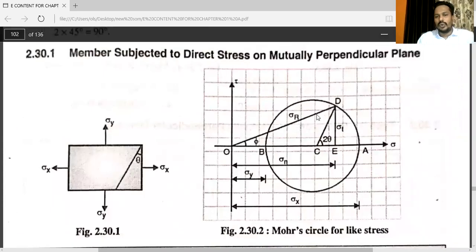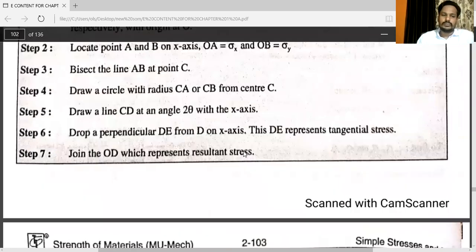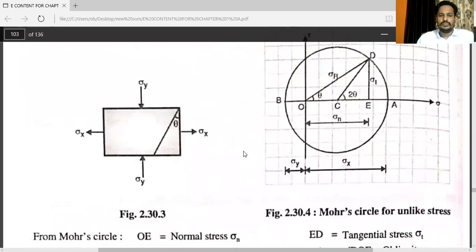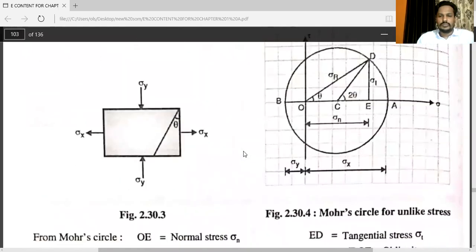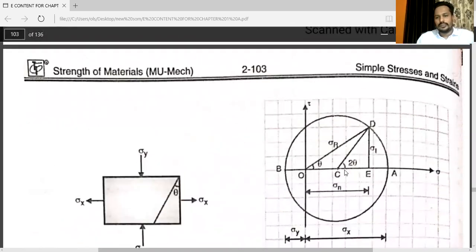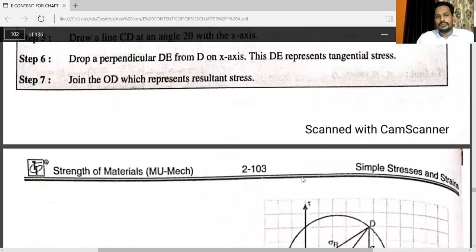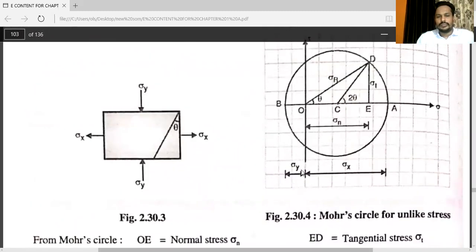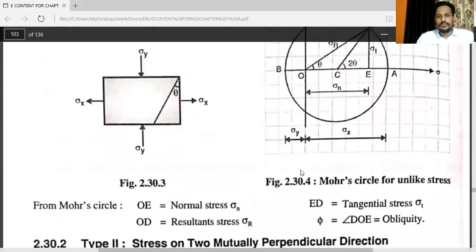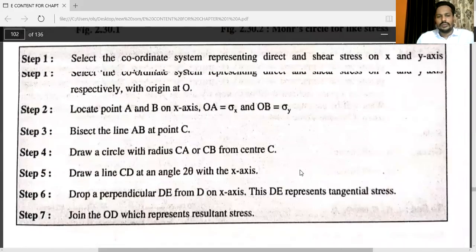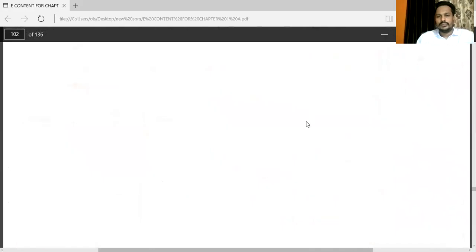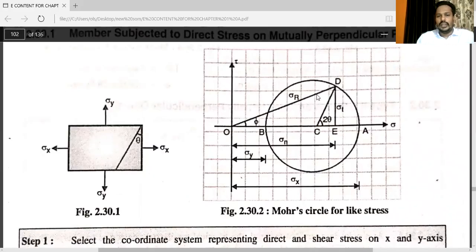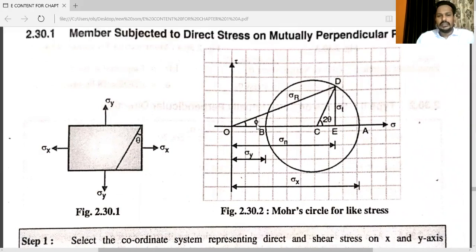Now you can draw O to D, that represents the resultant stress, sigma R. The angle is phi.